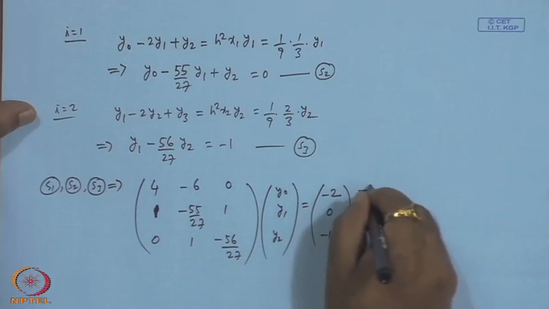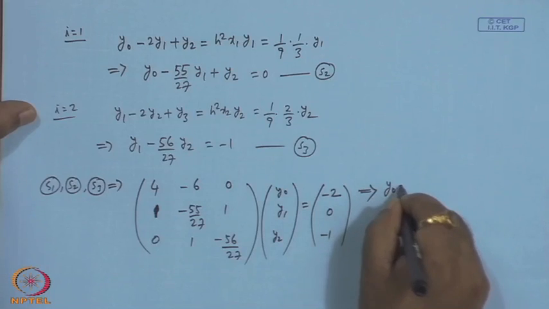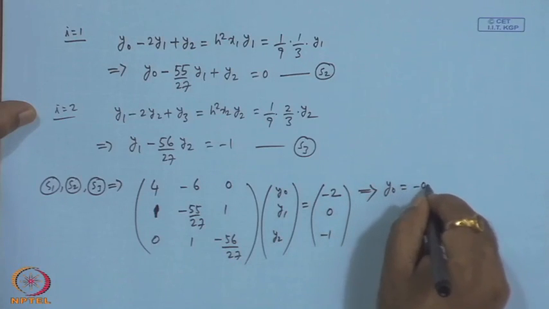One can solve this, it is a simple system. So, we get y 0 is minus point.